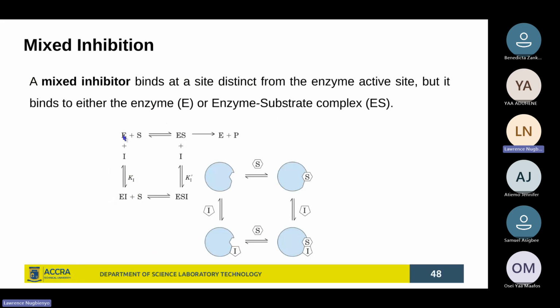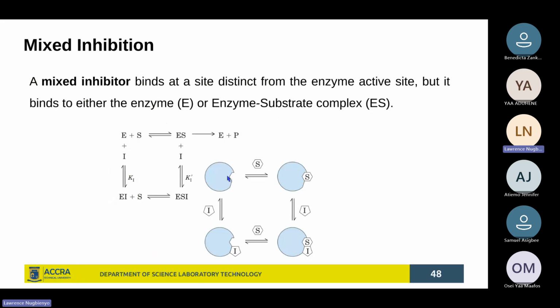You see, the normal path of the enzymatic reaction is that the enzyme with a substrate will give you an enzyme substrate complex, which then gives you the product P dissociated away from the enzyme.